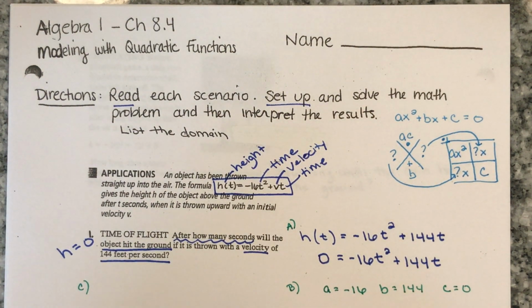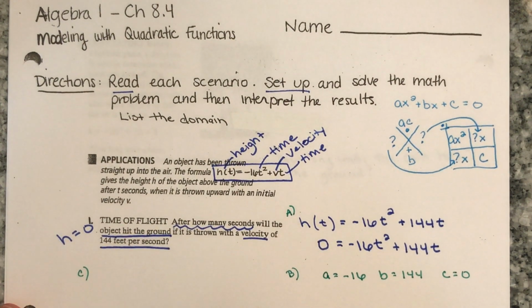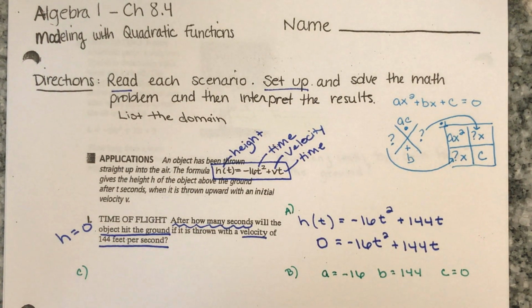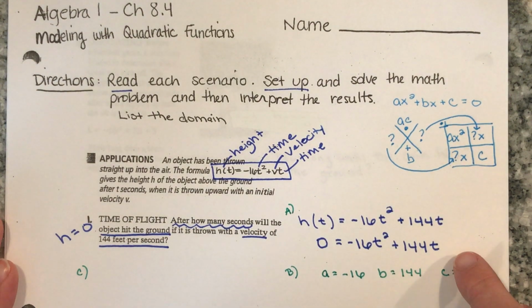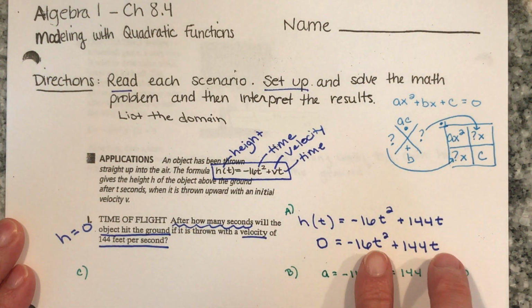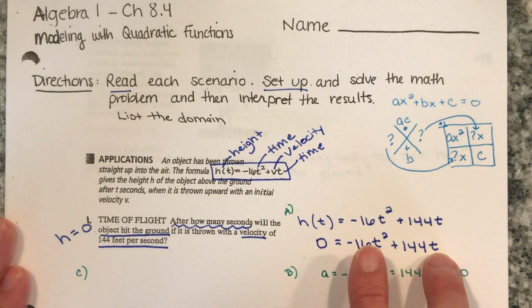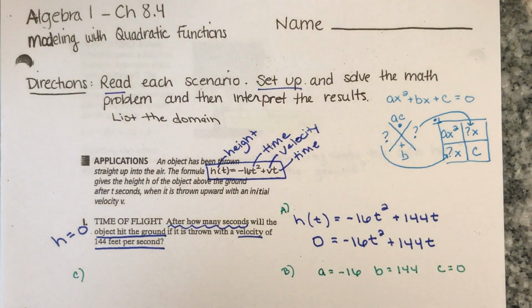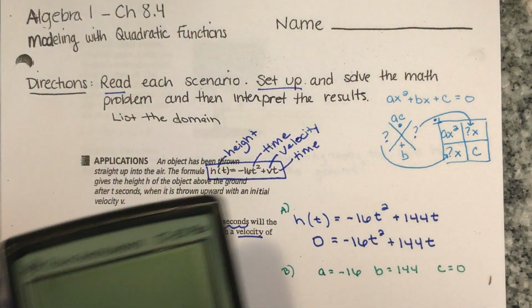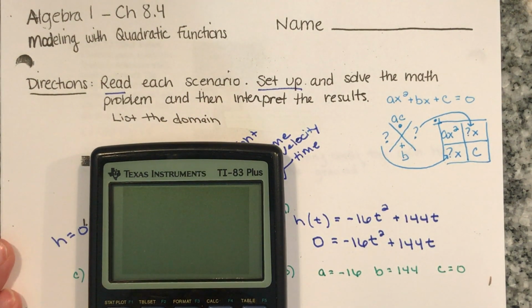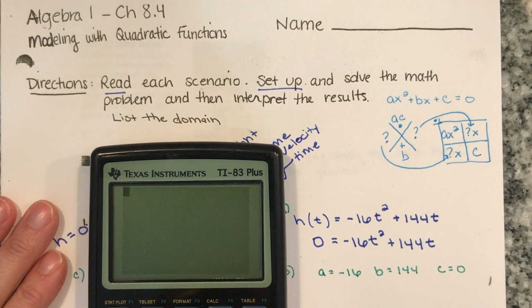Before we actually get into factoring this, we're always supposed to look for a greatest common factor first. So since I don't have a c value, both of my terms have a t, so I could factor a t out, and then I can see if there's a number that goes into -16 and positive 144, so what is 144 divided by 16?